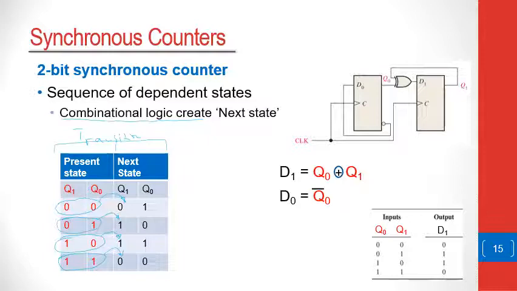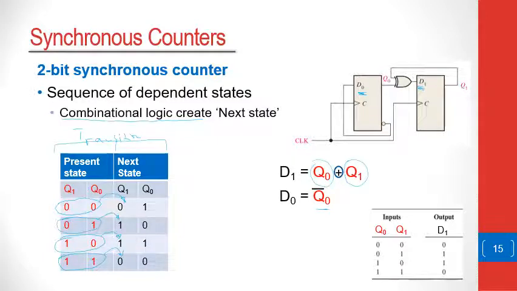And this is an example of how a 2-bit counter would generally work. In this synchronous 2-bit counter, if we analyze the combinational logic, we can see that the input D0 is simply Q0 bar, whereas the input D1 is an exclusive OR of Q0 and Q1.